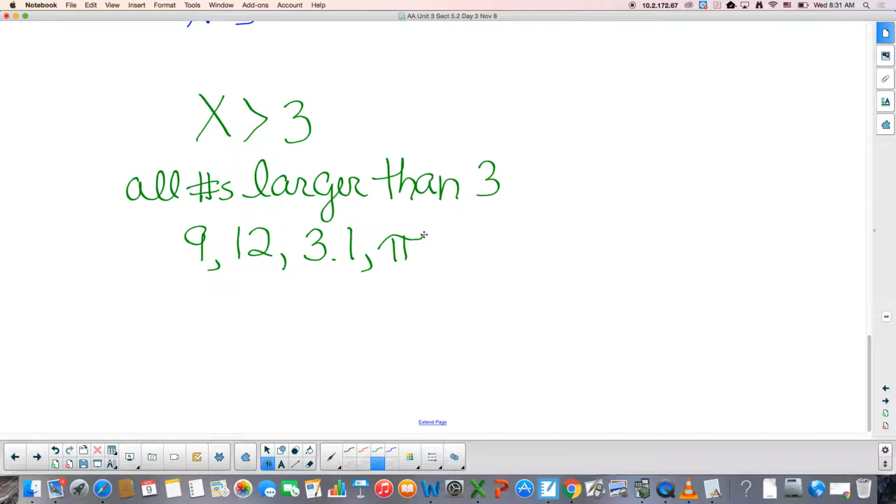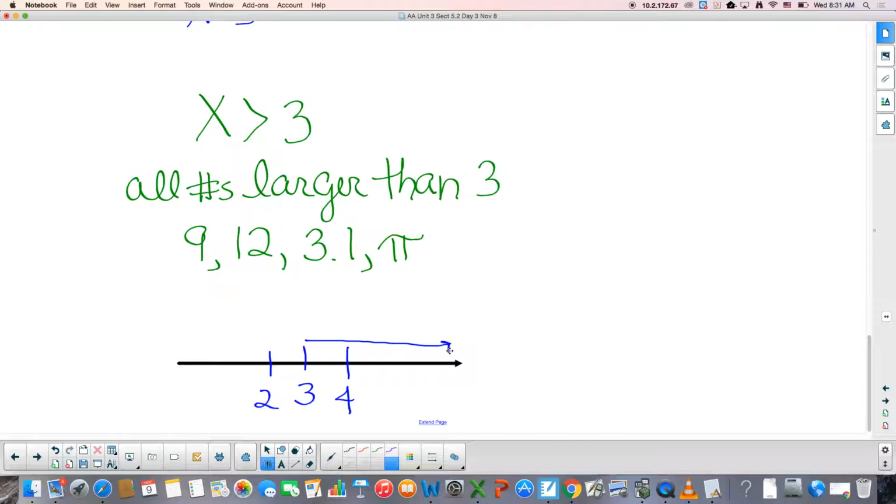Because I can't list them all, because I want to find all the numbers bigger than 3. So I would draw a number line like this, and I gotta get back to a pen. And here's 3, here's 2, here's 4. Now, everything to the right will make it true.